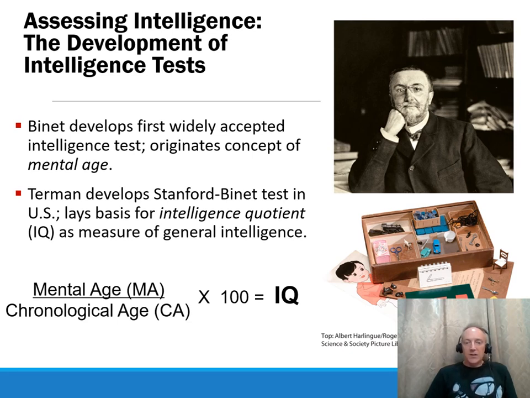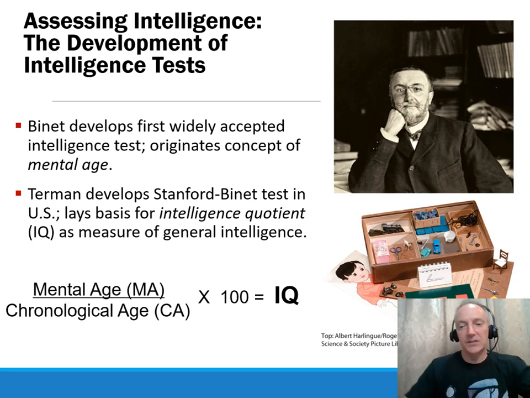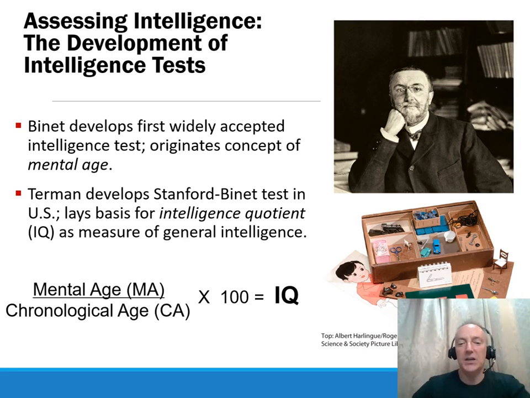Then the test Binet developed came to the United States, and a guy by the name of Terman at Stanford University developed the first American intelligence test known as the Stanford-Binet test. And it gave us the concept of IQ, an intelligence quotient.